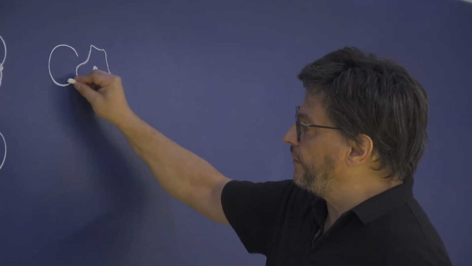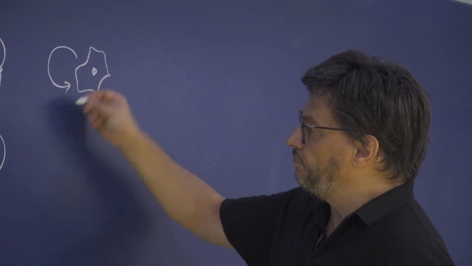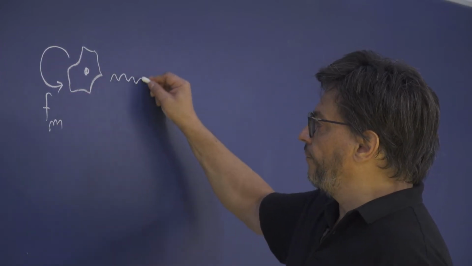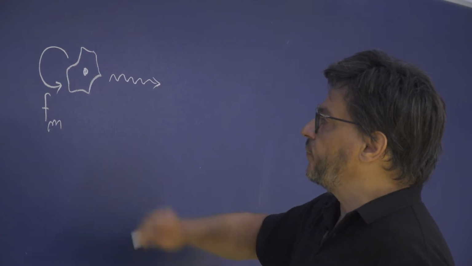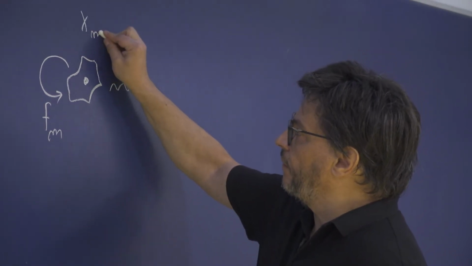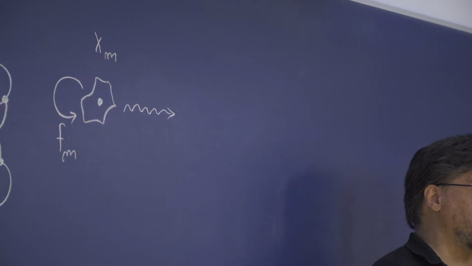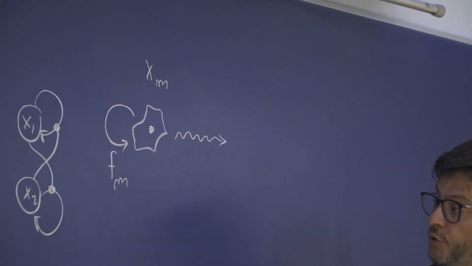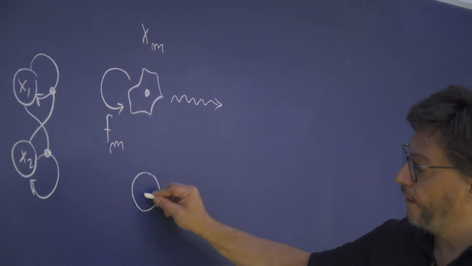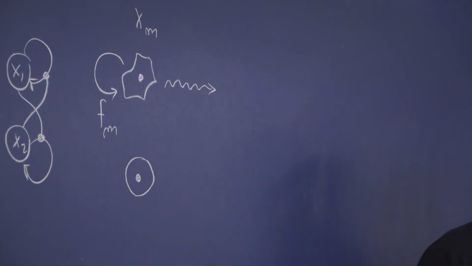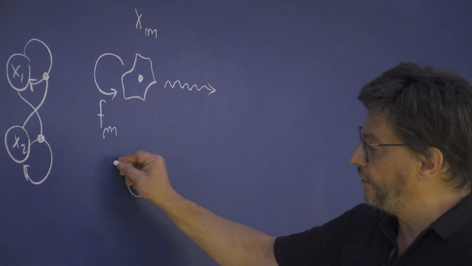So they replicate with some fitness, let's say FM, but they also move. So that's my XM strain. I have motility. And I have another population, more typical of what we discussed in our previous lectures, in particular on cancer, that they replicate.